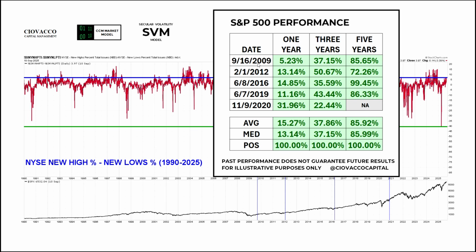It's only happened 5 previous times: 2009, 2012, 2016, 2019, and 2020. In every case, the market was higher a year later, 3 years later, and 5 years later. Median gain, 13% 1 year out, 37% 3 years out, and 86% 5 years out, with very consistent returns.